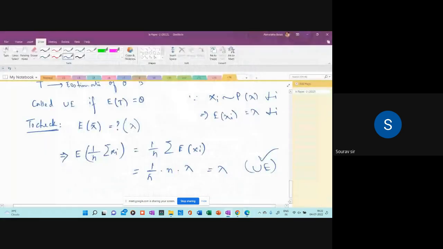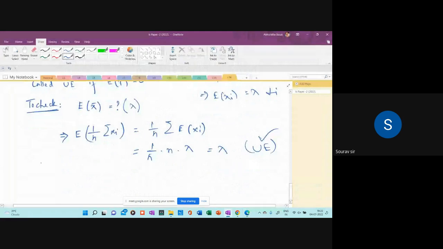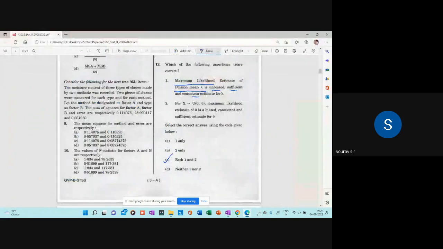So let us check the sufficiency. Since the Poisson lambda distribution is completely sufficient, this x bar is a sufficient statistic. I am not showing that because it is not part of today's discussion. Also, this is going to be consistent.